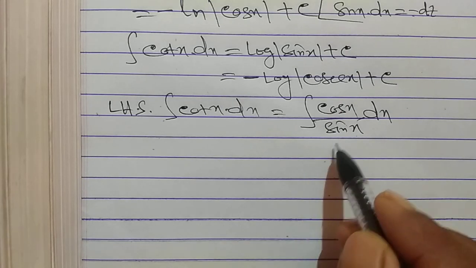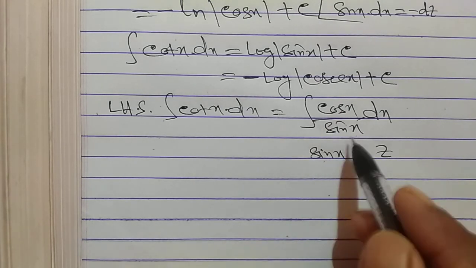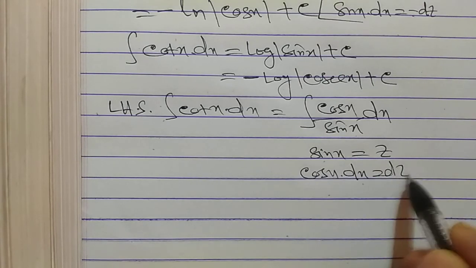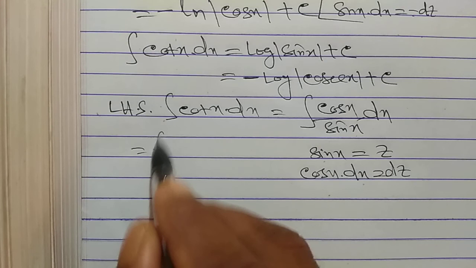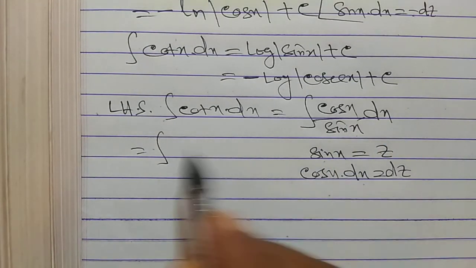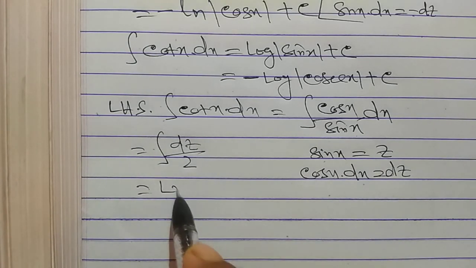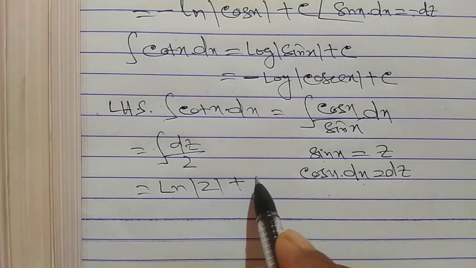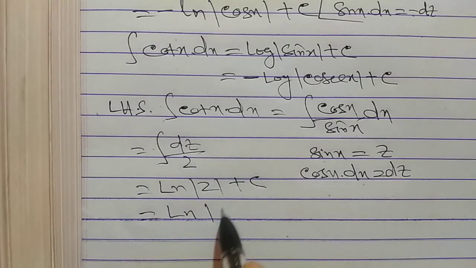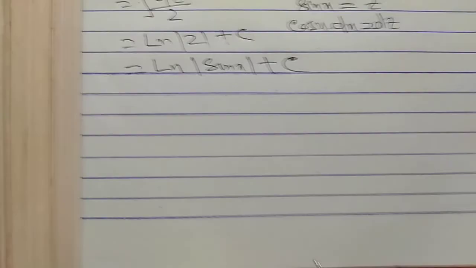Now let sin x be equal to z, the derivative of sin x is cos x, so cos x dx is equal to dz. So that is dz by z, which is equal to ln z plus c, that is equal to ln sin x plus c.